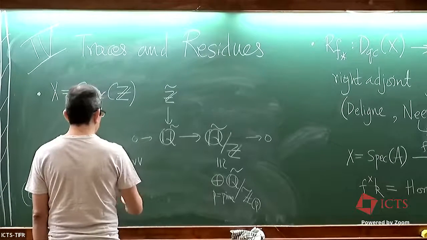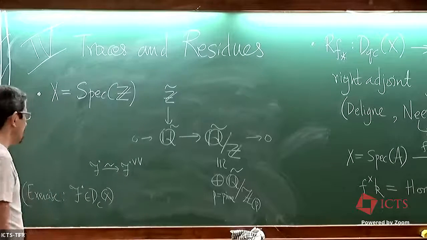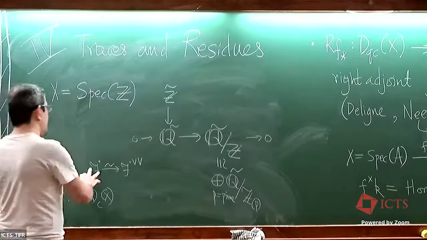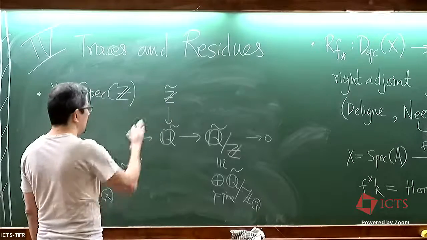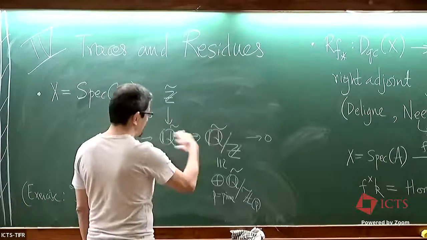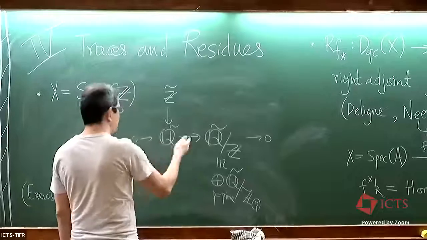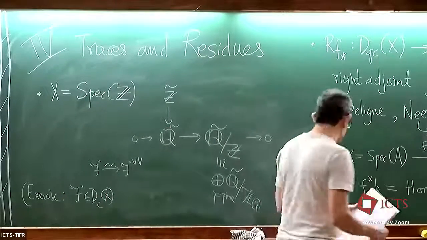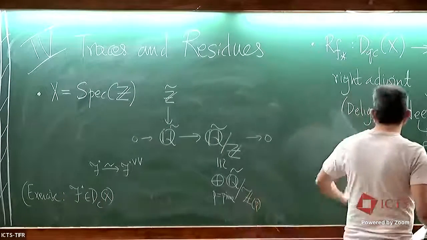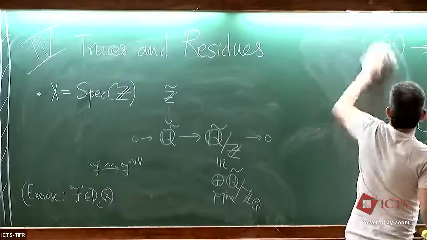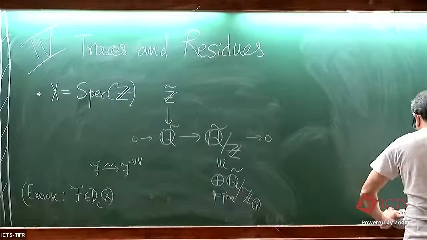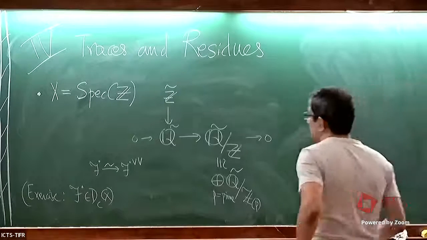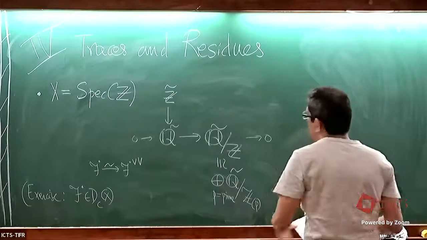Where double dual means you can dualize with respect to Z as usual, that is your usual dual, or, since this is the injective resolution of Z, you can dualize with respect to this one also. All right, so let's look at a similar example. A similar thing will be true for any principal ideal domain.